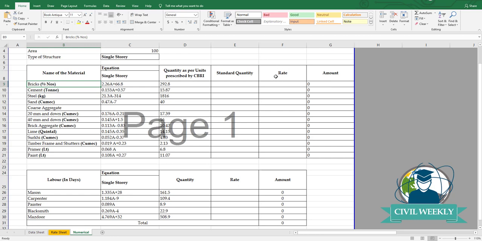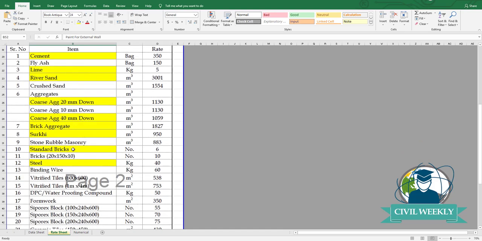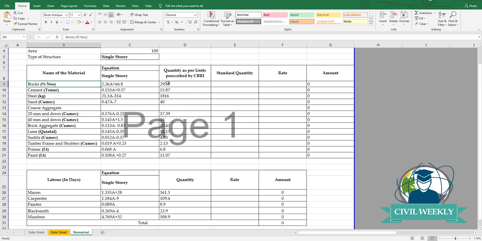The rate of a standard brick is 6 rupees per number. So your standard unit is numbers, but your quantity which is calculated is percentage number. So you have to convert this percentage number into the standard unit, that is numbers.